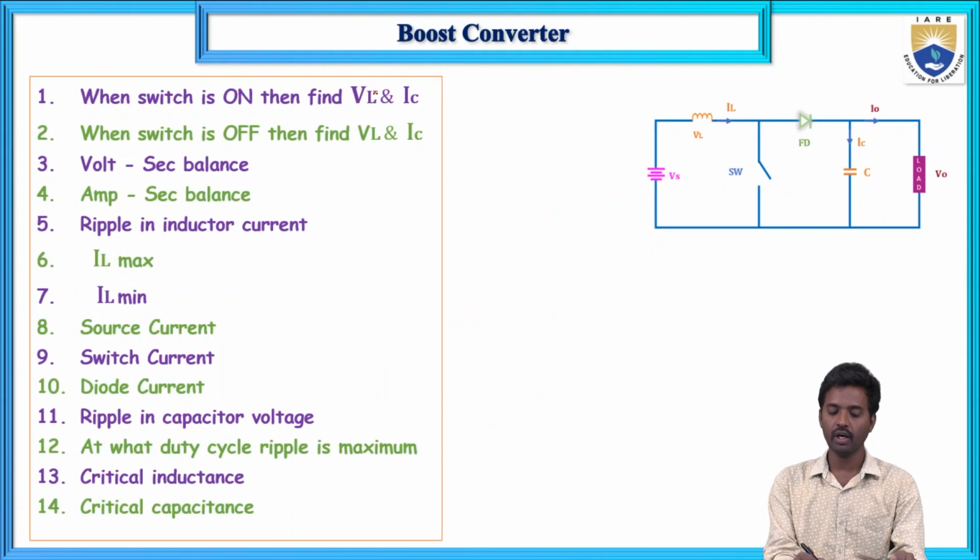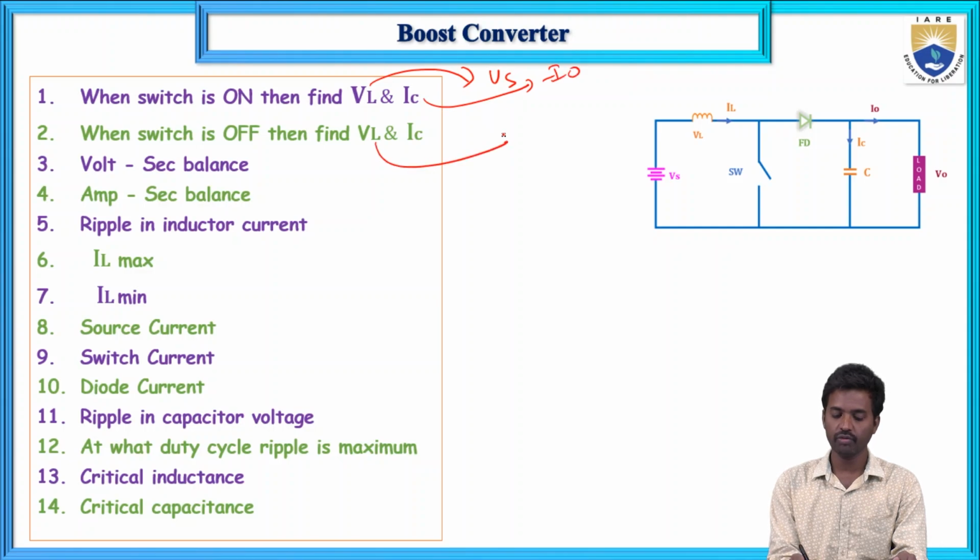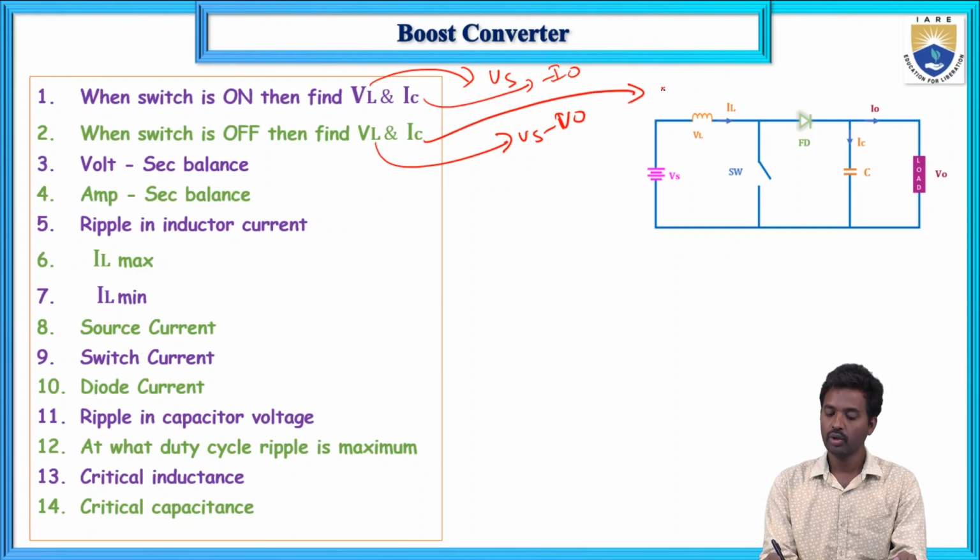So now here VL when the switch is on is equal to Vs only, and this one equals minus I naught. When the switch is off, it is Vs minus V naught only, and the capacitor current equals IL minus I naught.